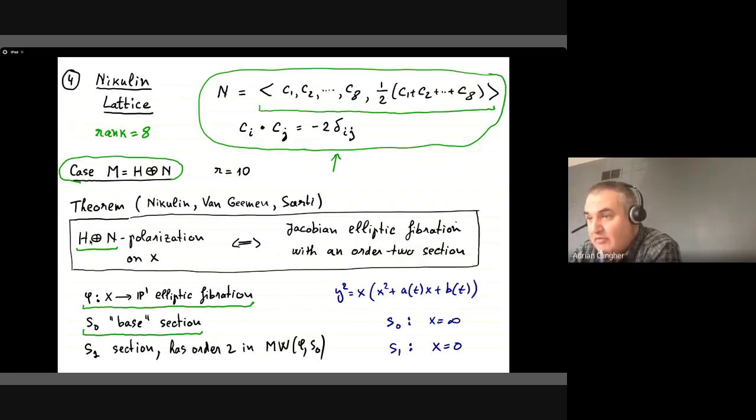Now, every time I have a second section on an elliptic fibration, we can look at the intersection between each fiber and the original base section as defining an elliptic curve structure on each fiber. We have a neutral element in each fiber. So then one can consider translations by this second section in each fiber.